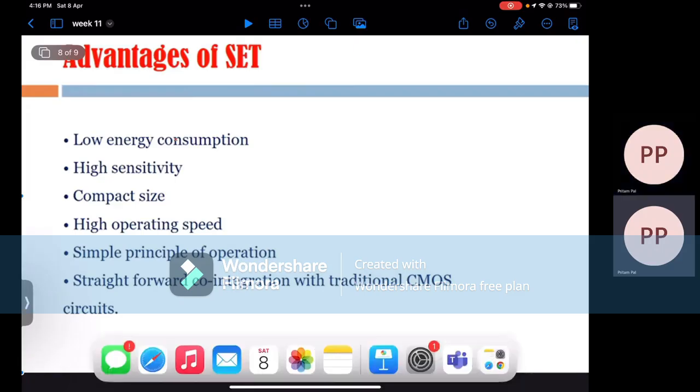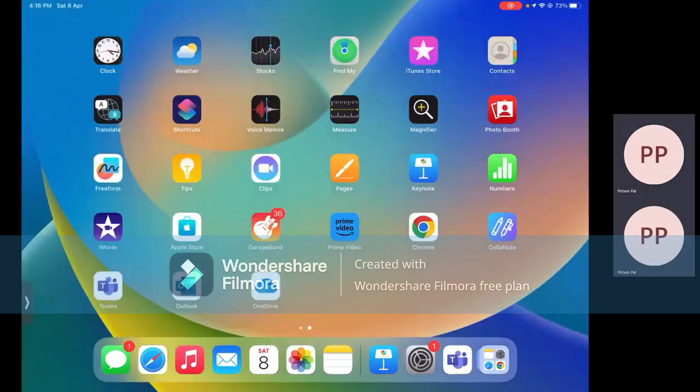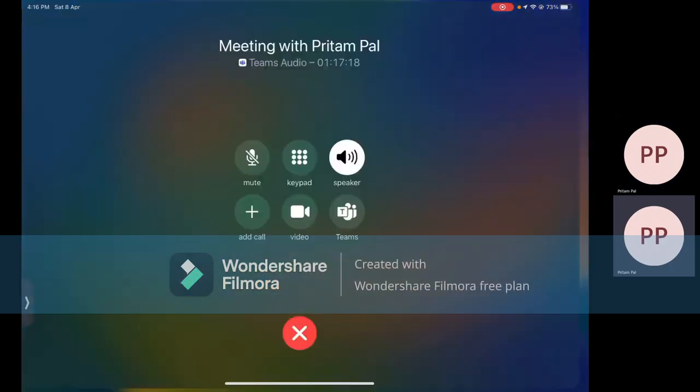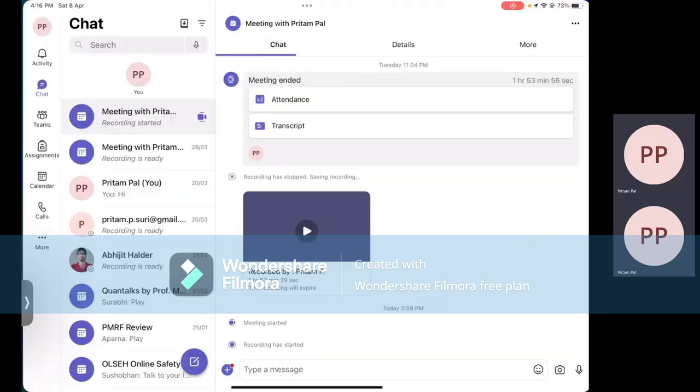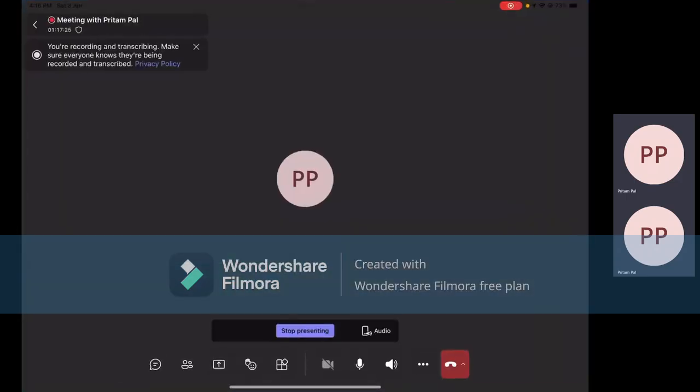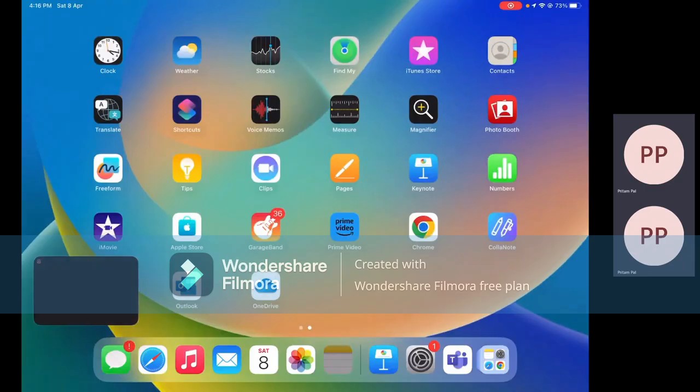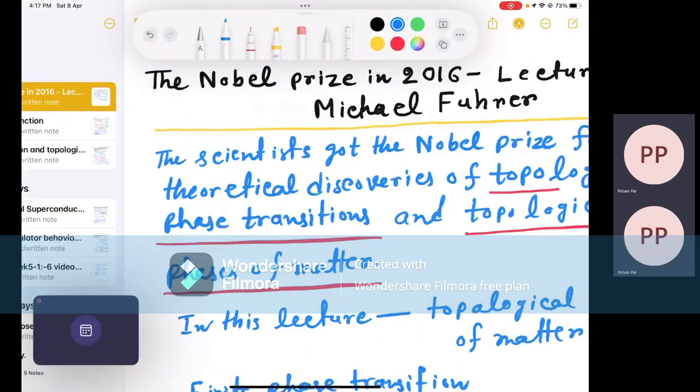So next, I will quickly discuss the Josephson effect. Okay, let me move there.